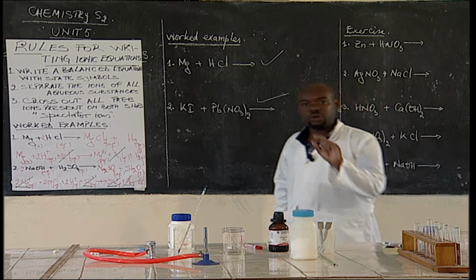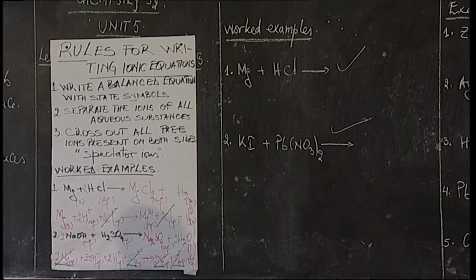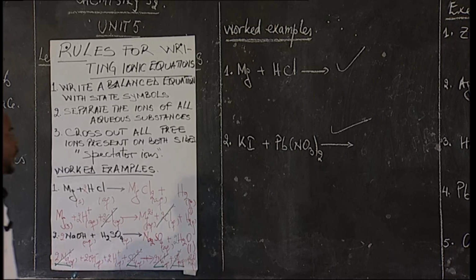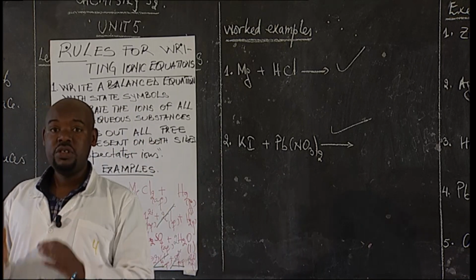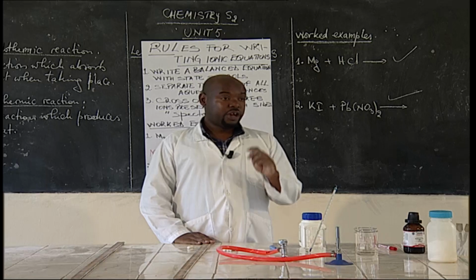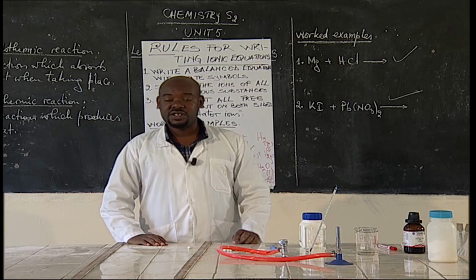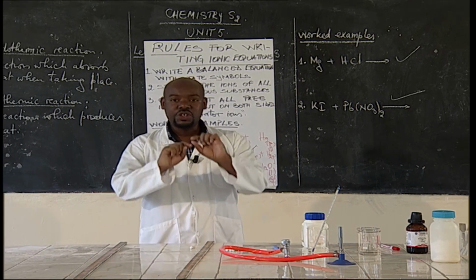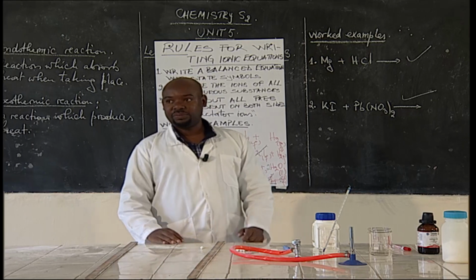Let me give you 30 seconds to try it. Remember, you complete the equation, you balance it, don't forget the state symbols, and you separate the ions for all substances in the aqueous state, and you cross out ions which are present on both sides.